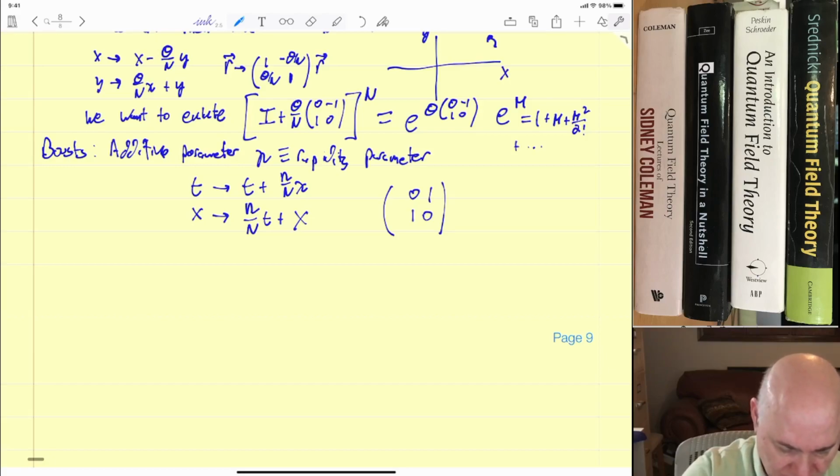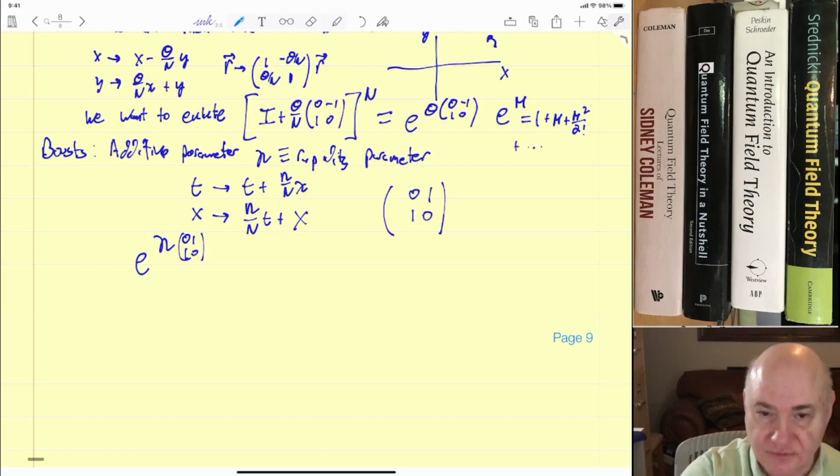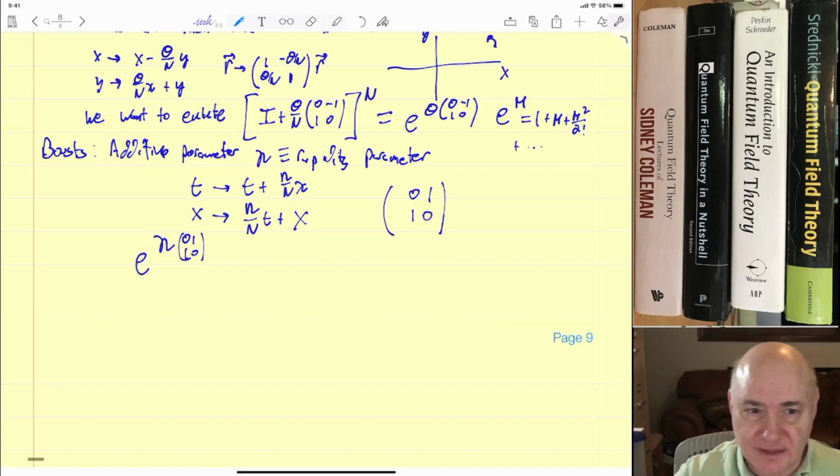So we're going to have to exponentiate e to the eta 0, 1, 1, 0, following the same exact steps as we did last time. And again, this particular matrix has the nice property that it squares to 1. So this is very easy to evaluate.